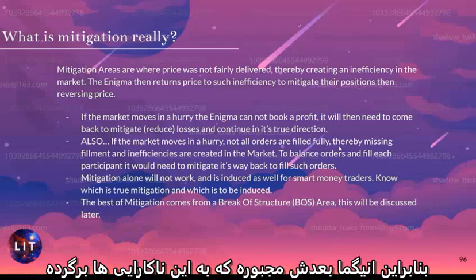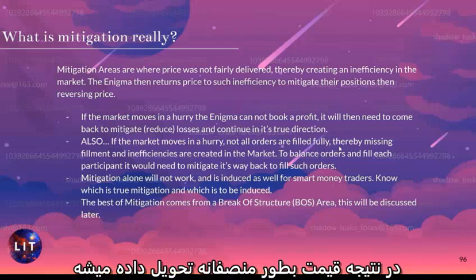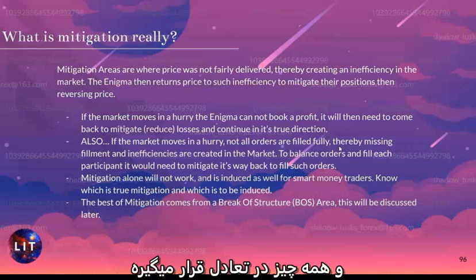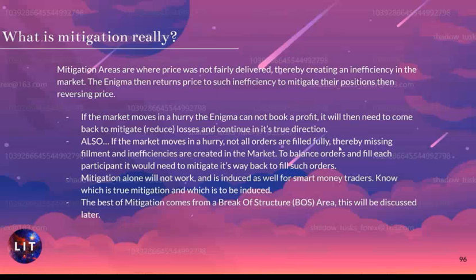So the Enigma then needs to return to these inefficiencies, mitigate their positions, and then reverse price. So the price is then fairly delivered and everything is in balance, and then of course the Enigma can go on after that.